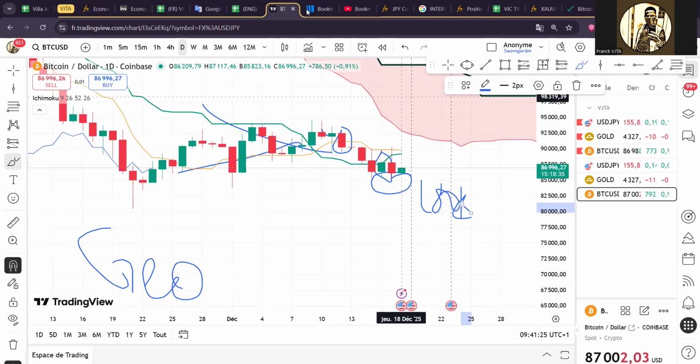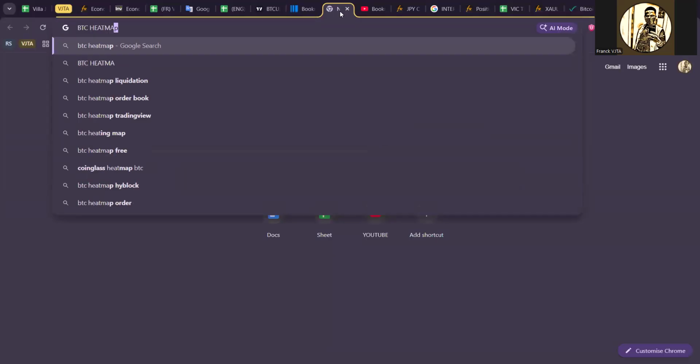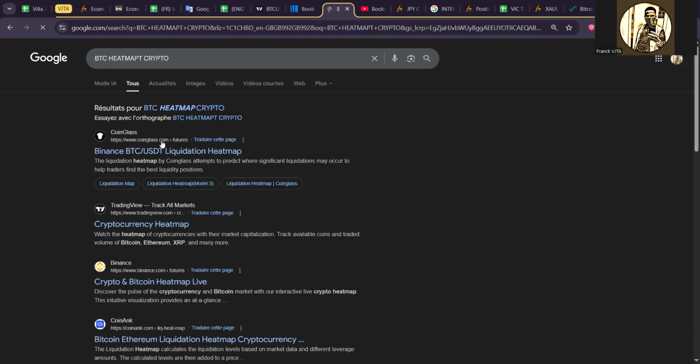I didn't tell you to go to a BTC heatmap or crypto heatmap, or to another website and look at the Binance BTC liquidation heatmap to see how many Bitcoin are being bought now.